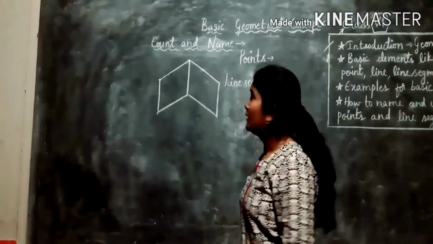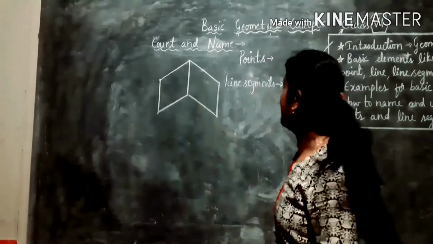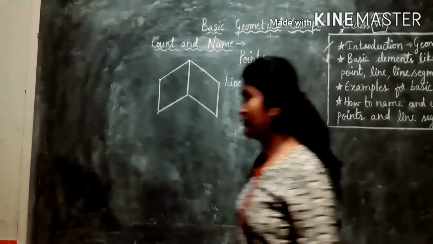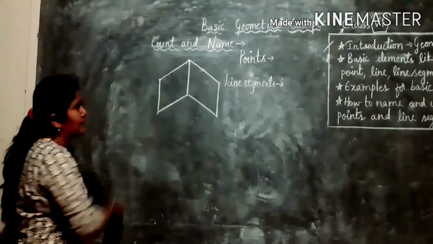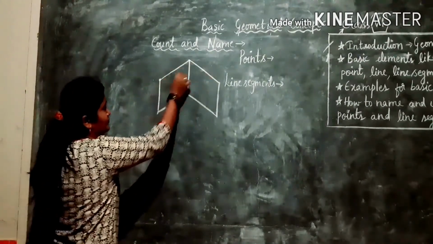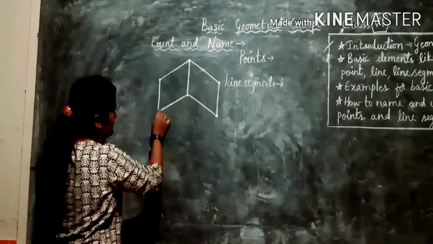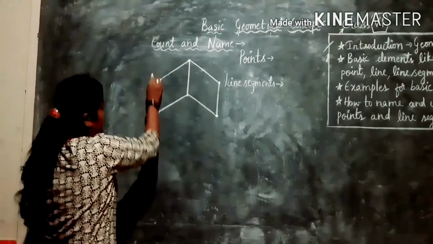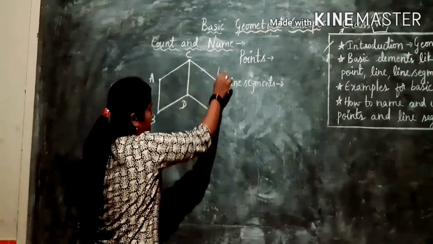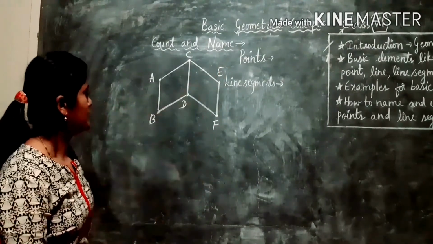Children, now let us know how to count and name the points and line segments. Here is the figure, the geometrical figure, and how to identify the points. First you have to enlarge the points and then name them as A, B, C, D, E and F. Now I can write the points over here.